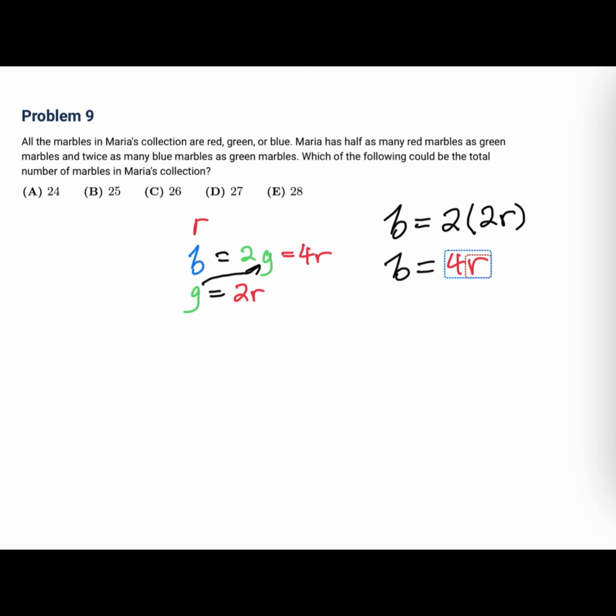So now finally adding up R, G, and B, R plus 4R, which equals blue, plus 2R, which represents green, is equal to 7R. Finally, looking at all of our answer options, there's only one that's a multiple of 7. And so our answer is going to be E, 28.